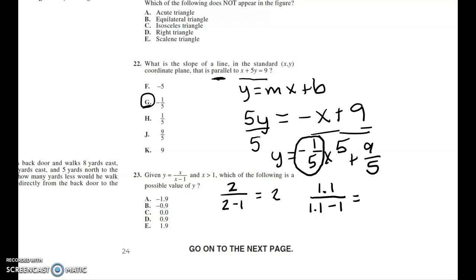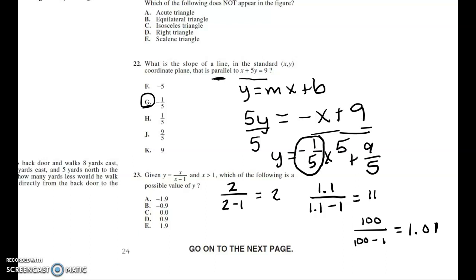This number here is going to get you 11, right? So the smaller we go, the bigger our number is going to get. Now let's think about a big number, right? Let's do 100. 100 divided by 100 minus 1. Well, that is 1.01.